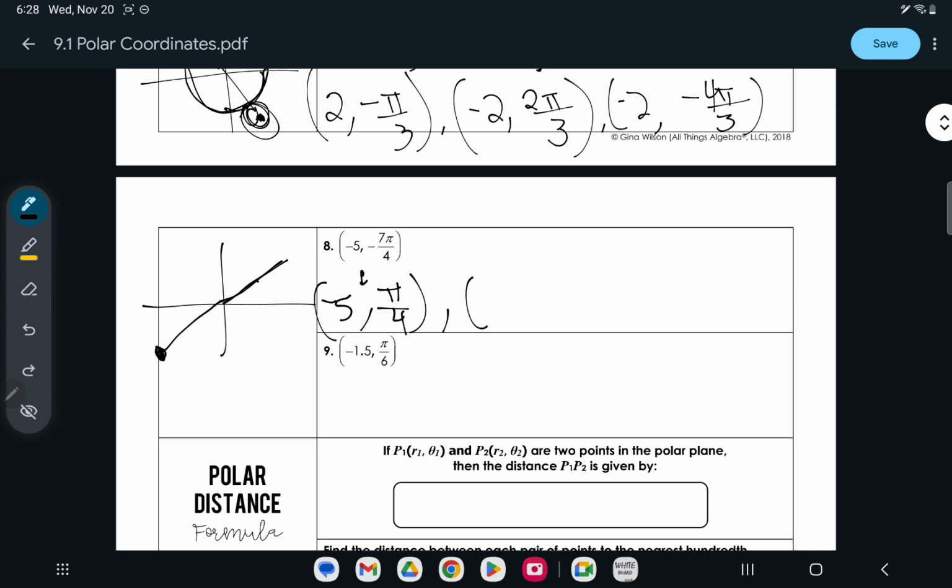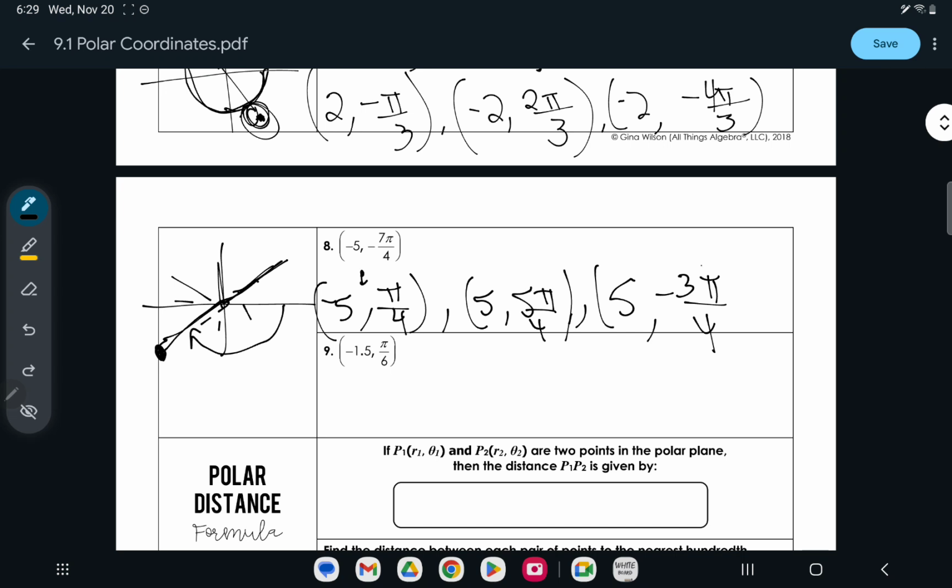I could do the positive 5 in this angle here, which is, let's see, 1, 2, 3, 4. That's 5 pi over 4. And then I don't have a negative angle, so I can go this way, and that angle would be 1, 2, that would be negative 3 pi over 4, and we'd be going forward, so 5 and negative 3 pi over 4.